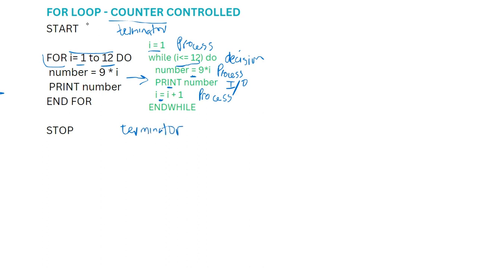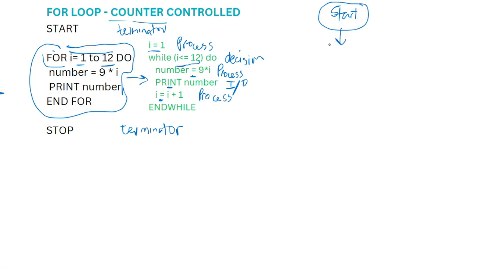So just remember, we need to translate this for loop as either a repeat loop or a while loop before we can move to converting it to a flowchart. All right, so let's convert it now. Let's write it as a flowchart. We have our start, and that goes in an oval. We have our flow line. First is a process where I is equal to 1.